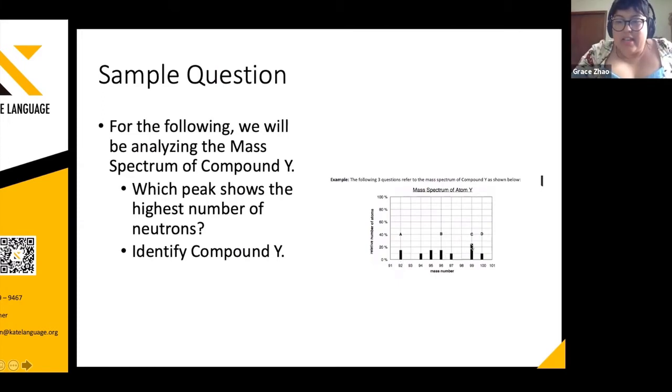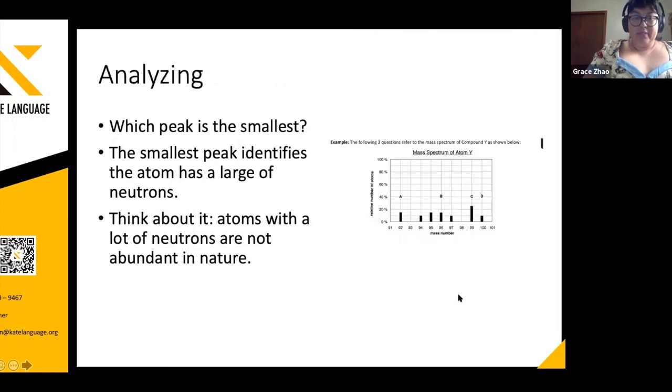Of all of these, I believe C is the one with the highest percentage, because it's the tallest, right? So you want to look for the tallest part of the graph, and this one would be C, which has a mass number of 99.